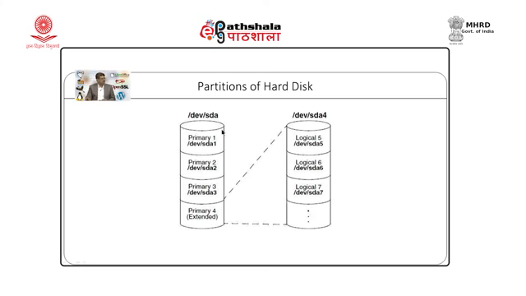This is a sample screen of hard disk partitions. You can see a single hard disk can be partitioned. Here there are 3 primary partitions. The fourth one is an extended partition, and this extended partition is again partitioned into logical partitions. We can install Windows on a primary partition.